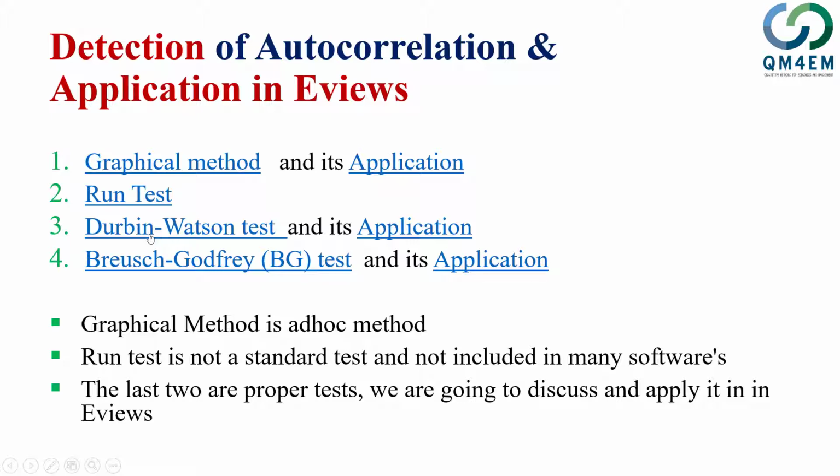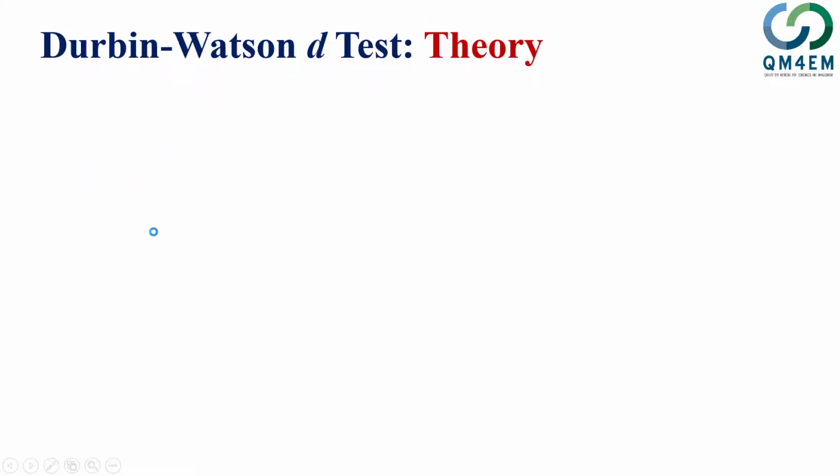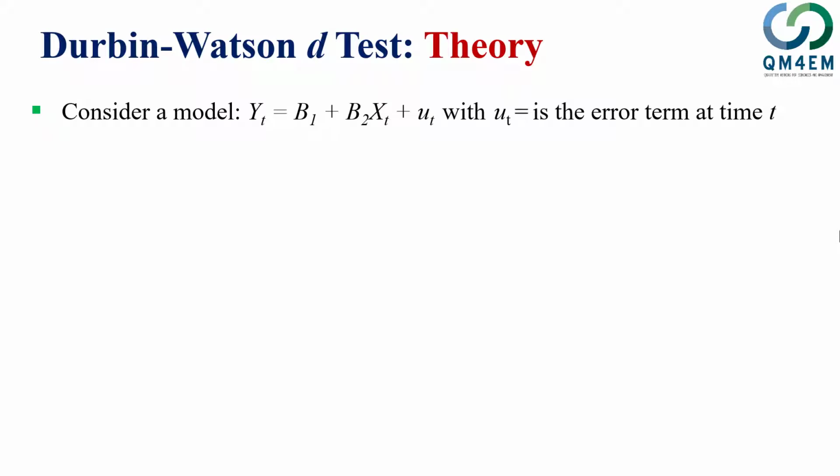The Durbin-Watson statistic test could be better understood if we start by considering a regression model of a very simple nature, in which we regress the y variable measured in period t on one explanatory variable xt, whereas a constant term b1 is included in the model, and then there is an error term, and all these variables are measured in period t.